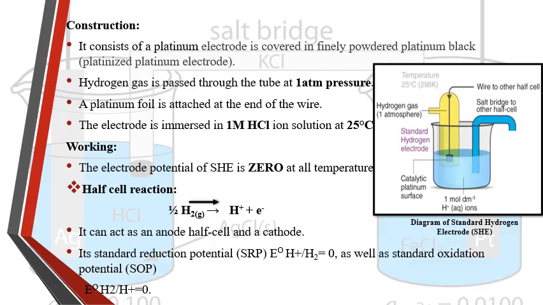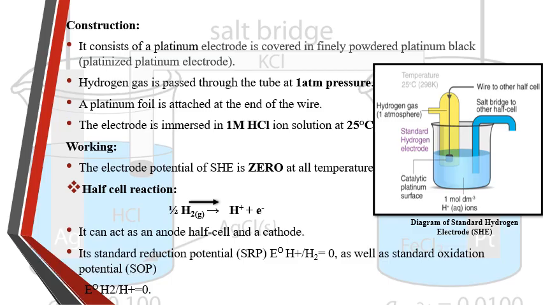Now, during construction, the platinum electrode and the acid solution are housed in a suitable electrode body, often made from materials like glass or plastic that are resistant to chemical attack. The assembly must be sealed properly to prevent leakage of the acid or the hydrogen gas and to ensure stable operation.